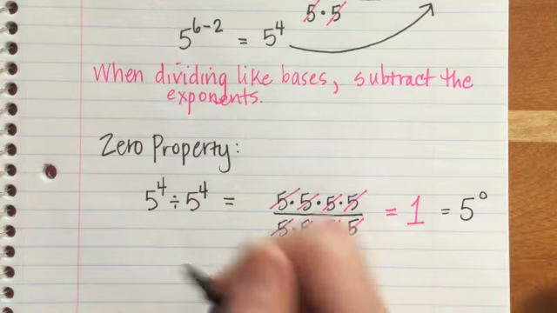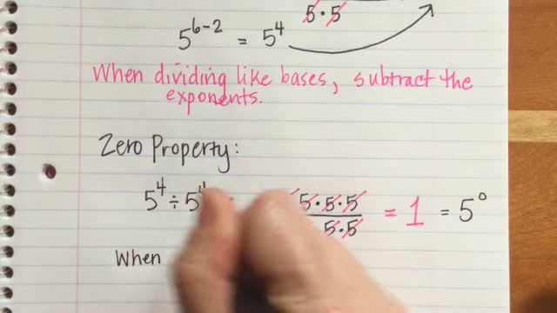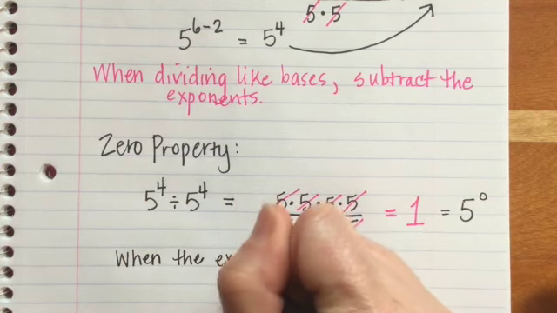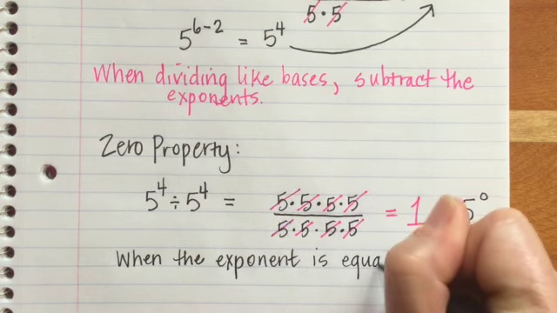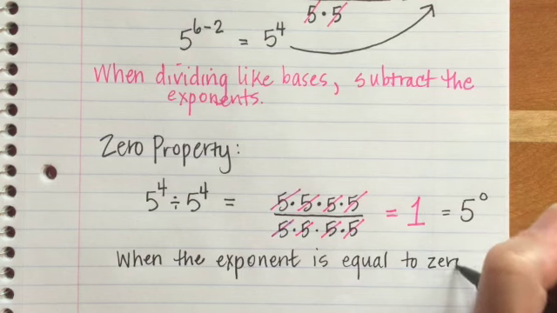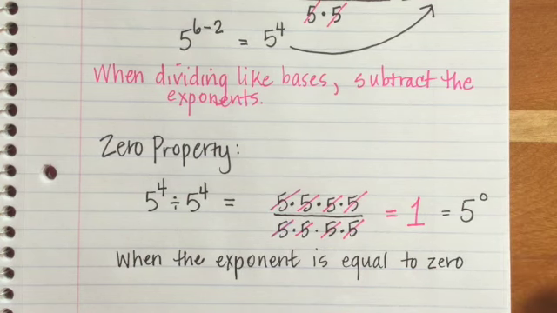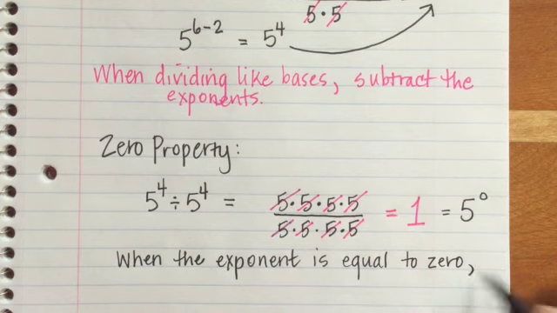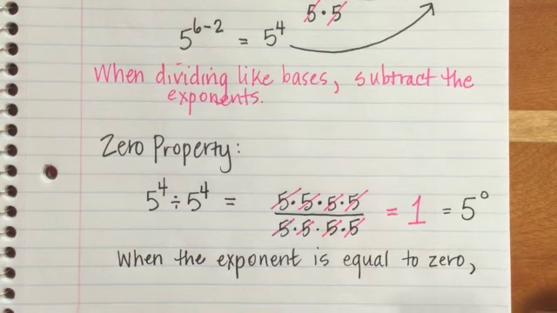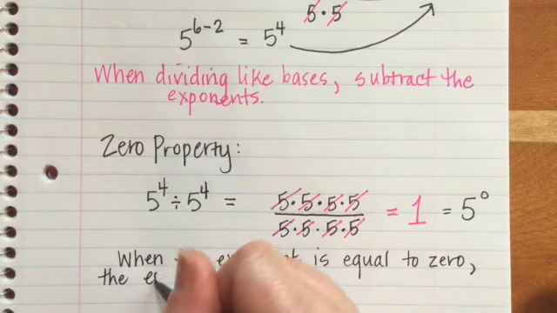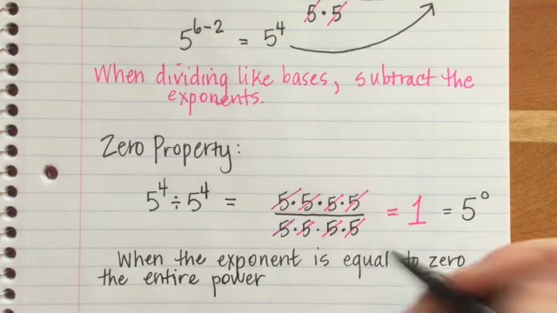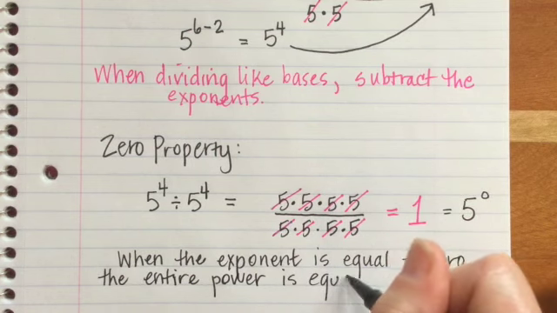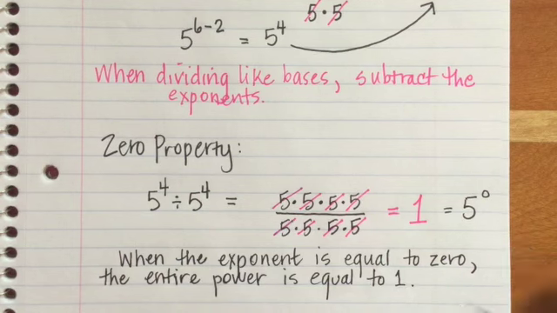So the rule here is when the exponent is equal to 0, and I'm going to write the word out so that you know that it's not the letter O, when the exponent is equal to 0, the entire power, meaning the base and the exponent, is equal to 1. And we just saw that with the division example.